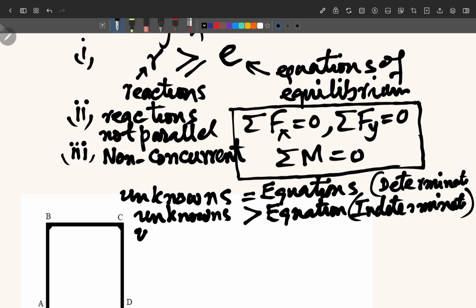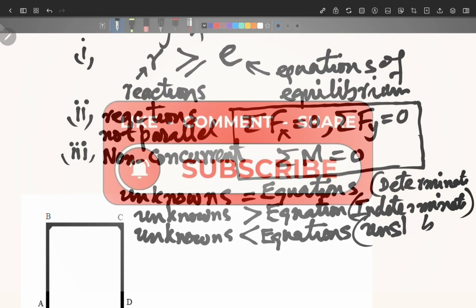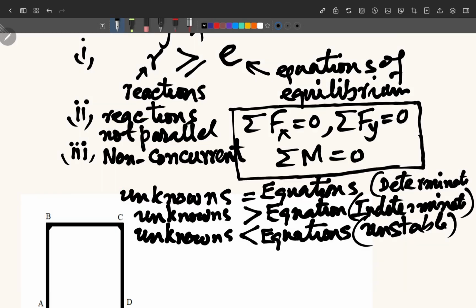Okay, so if unknowns are less than equations, then it is unstable.